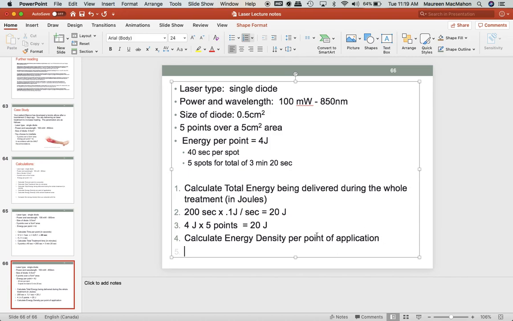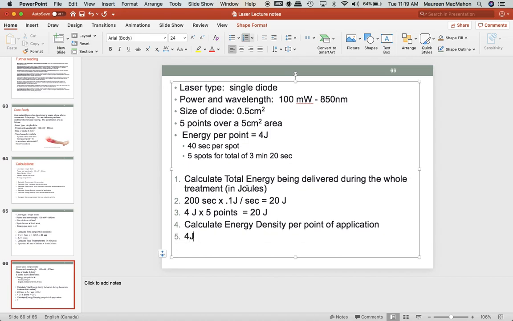Okay, and then if we want to calculate energy density per point of application, we know that we're doing 4 joules in, and the size of the diode is 0.5 centimeters squared. So 4 joules in 0.5 centimeters squared.